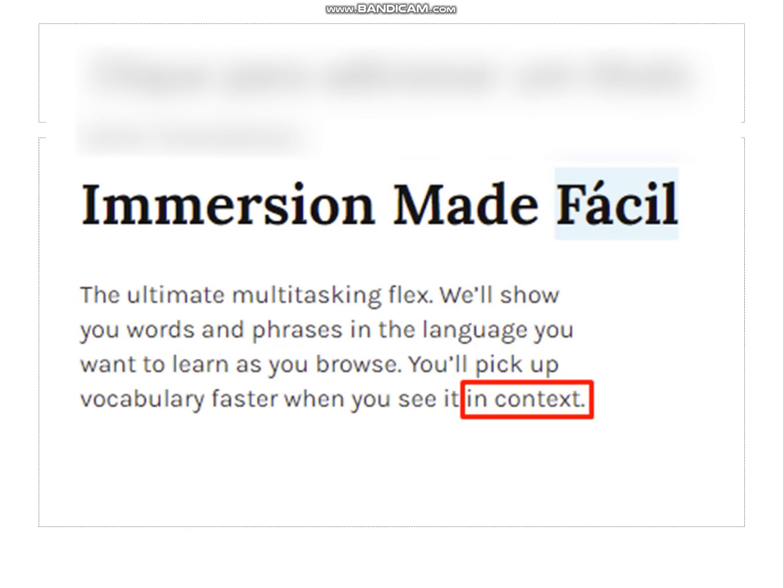You will see why. It explicitly claims on their website that you're learning vocabulary in context, which is important, I agree. But the problem is Toucan doesn't really deliver on this promise of stuff being in context, and that's the main problem with it. The vocabulary doesn't take the context into account very much.